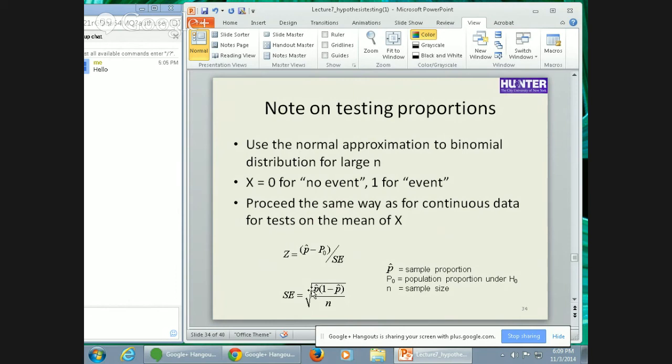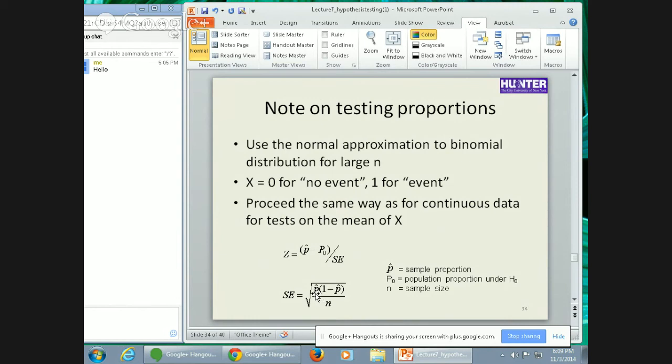If your proportion were 0.5, this would be 0.5 times 0.5, so 0.25 divided by 1,000 and the square root of that. I was doing a problem before class like that, and I got a crazy small standard error because the n was so large. So I converted the p's to 500, not 0.5, and it made more sense. But I was probably just fishing for the answer.